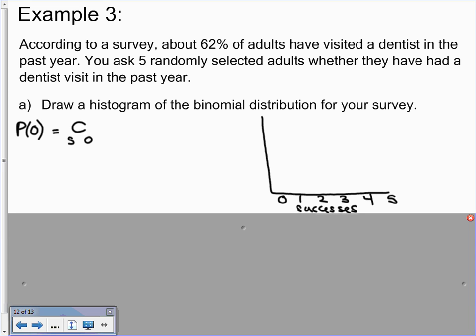The problem tells you, what's the probability of success? 0.62. If the probability of success is 0.62, what's the probability of failure? What's the probability they didn't visit the dentist? 0.38. Now, I would argue this is an example where success seems to go along with something good.